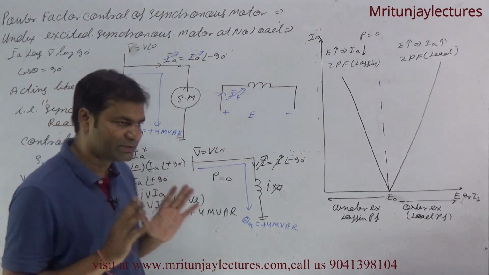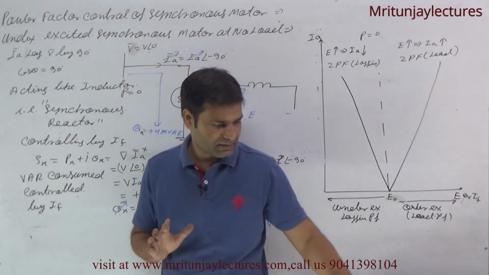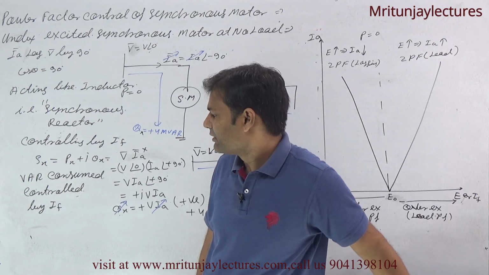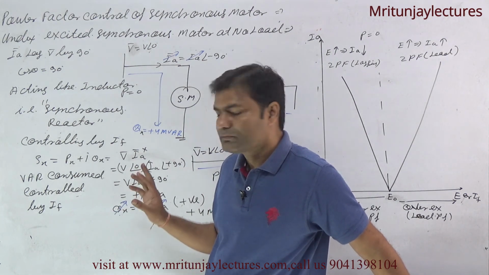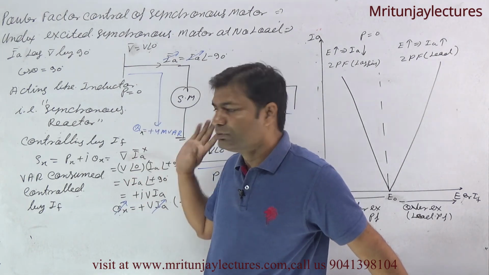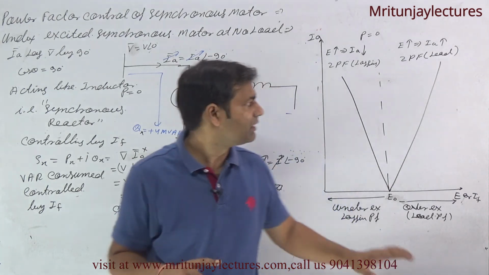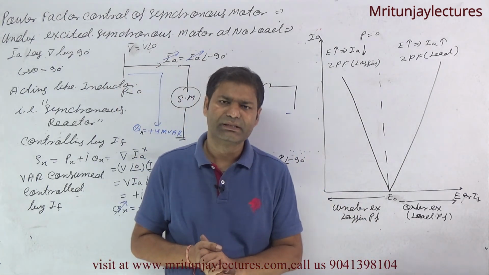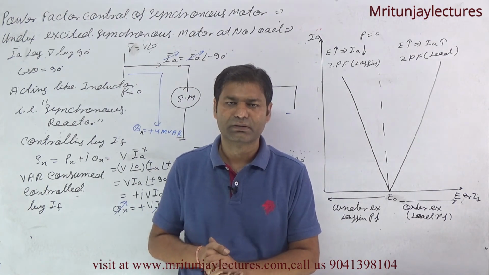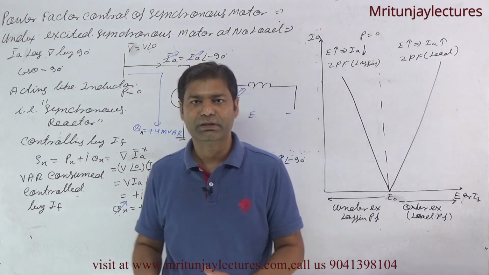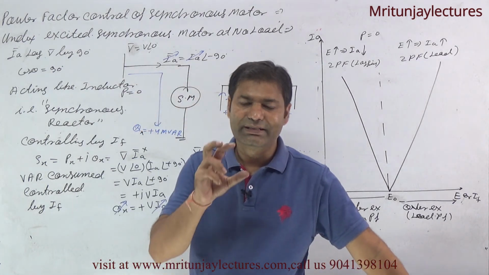Clear? What is the practical application? The underexcited synchronous motor at no load controls Q with the help of IF, and it behaves as a consumer, that is, it consumes reactive power.